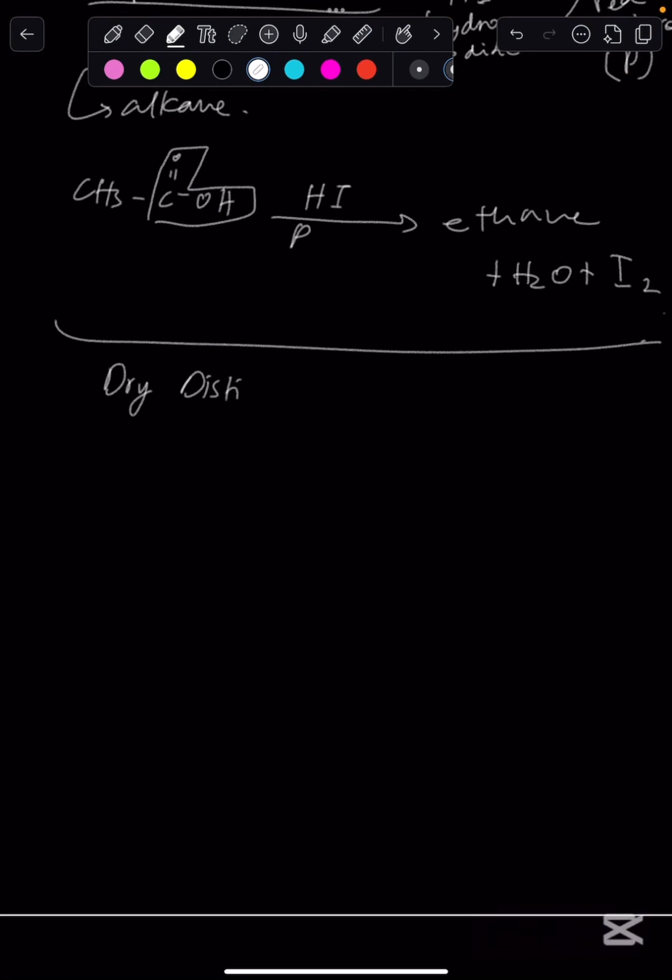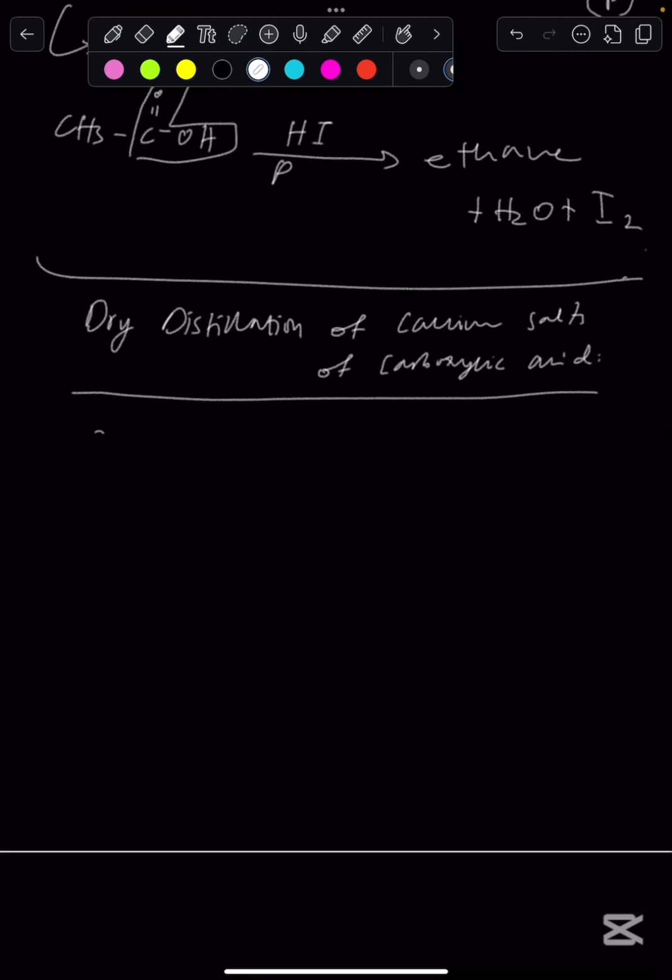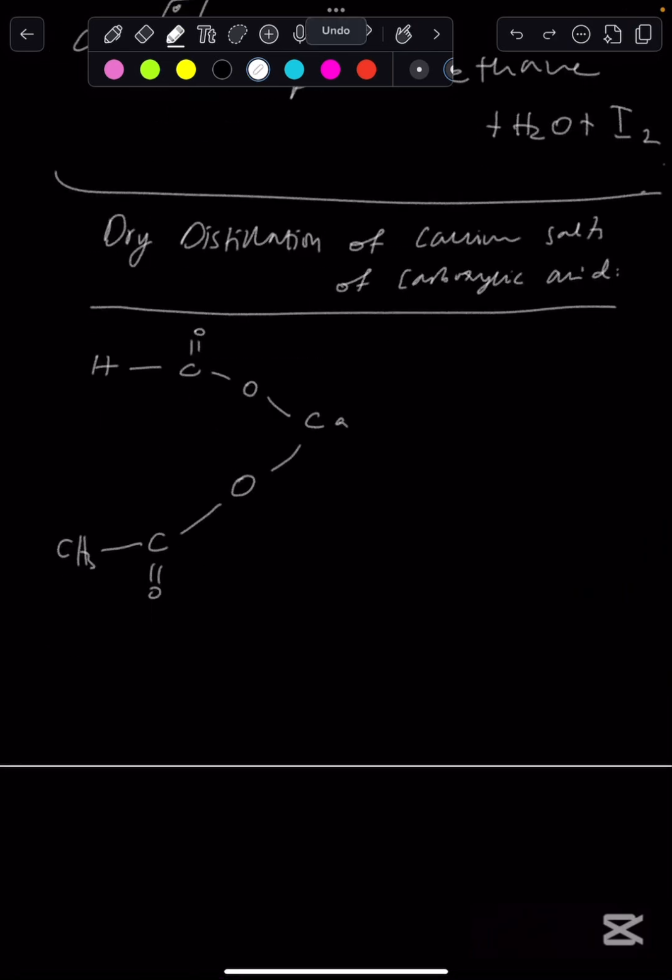Now if we see the dry distillation of calcium salts of carboxylic acid, what we're essentially doing is, for example, if we have this molecule over here, which is the calcium salt of acetic acid and formic acid, we're going to heat it up, meaning we're going to do dry distillation. What's going to happen is the calcium carbonate is going to get removed.